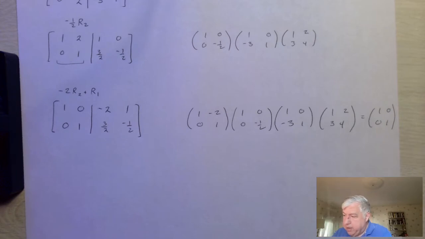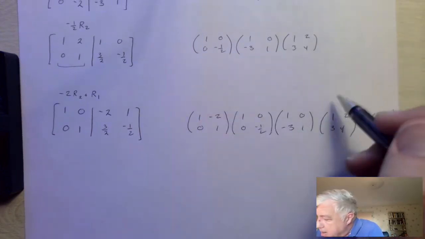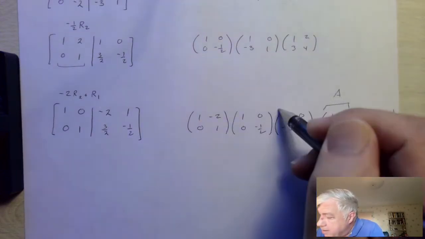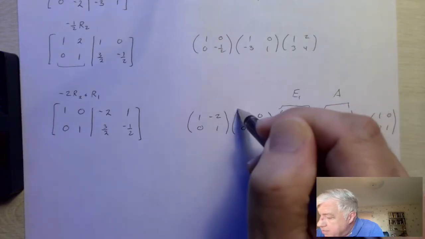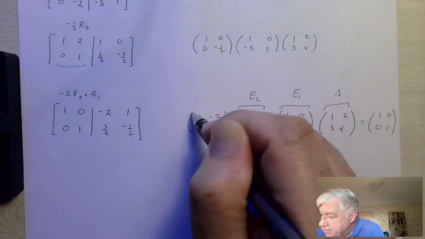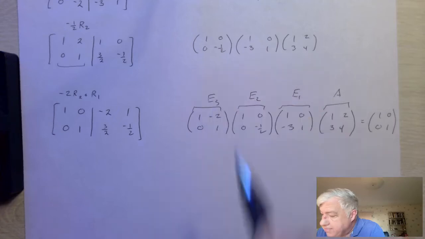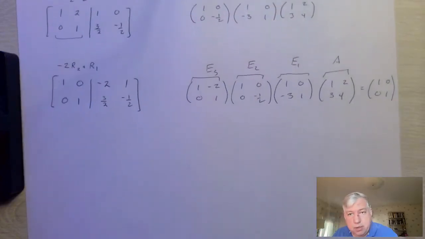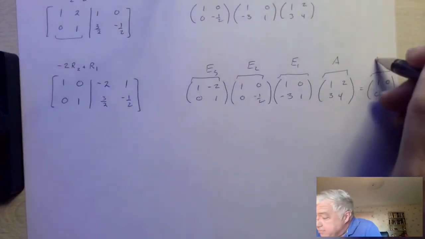Okay, and so this was A, this was E1, this was E2, this is E3, and this is the identity.